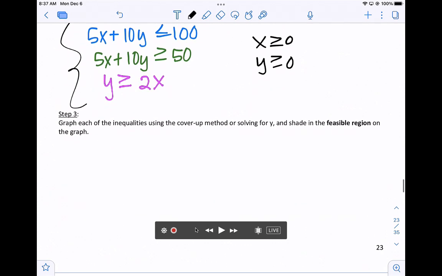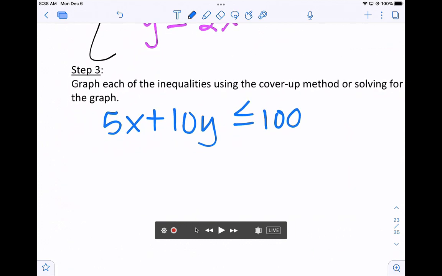Step 3, graph each inequality using the cover-up method or solving for y, and shade in the feasible region of the graph. Okay, the cover-up method is fastest when you have x and y on the same side. So 5x plus 10y is less than or equal to 100. Let's solve using the cover-up method. First, let's cover up the 10y, and we get 5x equals 100.